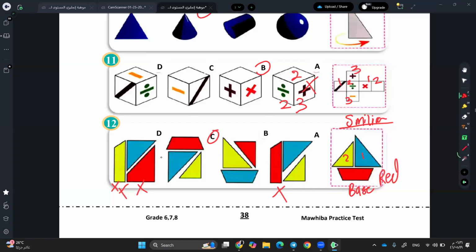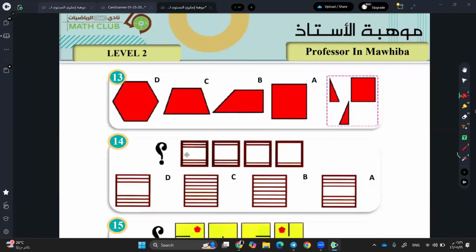But it wants you to know what is the similar shape and what is the similar color. It is the same shape, but not a similar color. Different color. The base is blue here and red here. And also for the triangle, it's different. So the answer would be C.